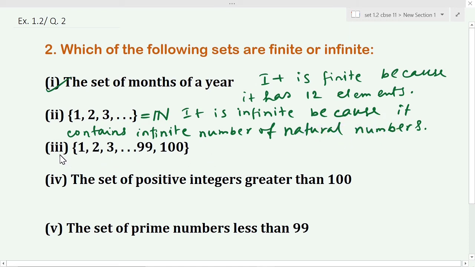Now question number 3. 1, 2, 3 up to 100.